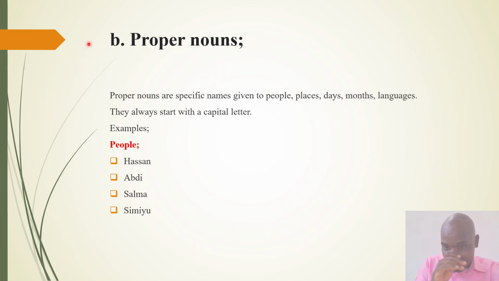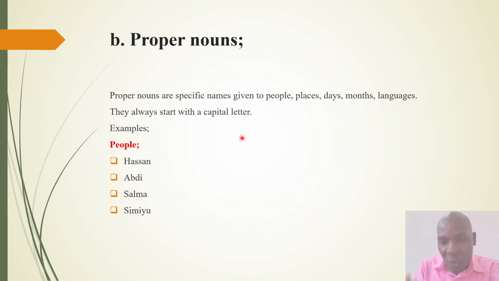The key feature that will help you to identify a proper noun is that all proper nouns always start with a capital letter at the beginning, in the middle, or at the end of the sentence. Always start with a capital letter. Always. You need to remember that.